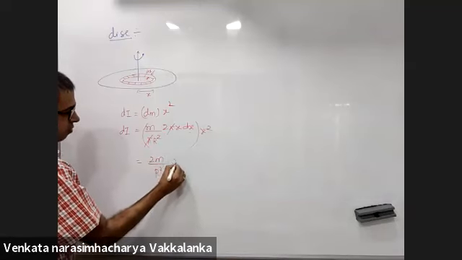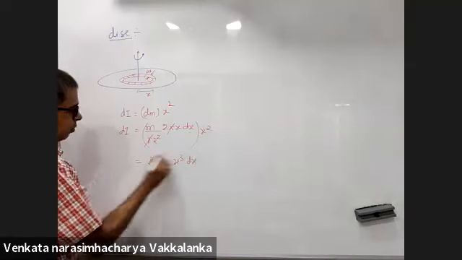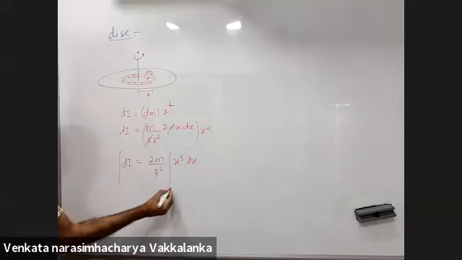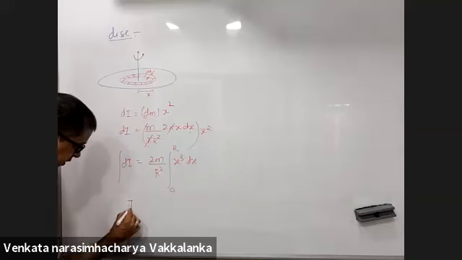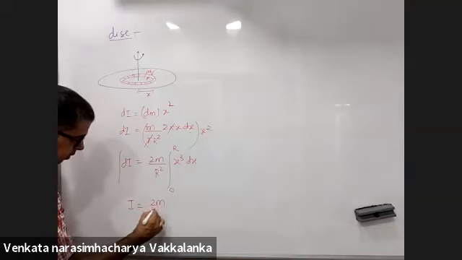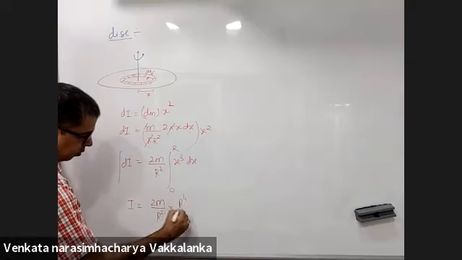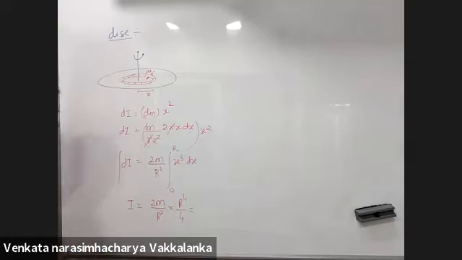So this gives 2M by r square, x cube dx. Least value of x is 0, maximum value of x is r. So 2M by r square into r to the power 4 by 4.